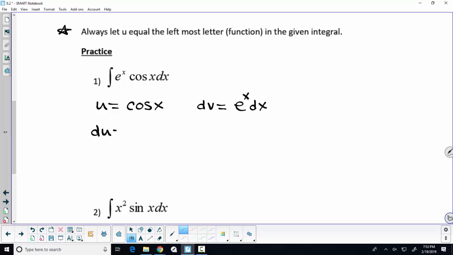So the derivative of cosine is minus sine x dx. And the antiderivative of e to the x dx gives us v, and that's just e to the x. We won't worry about the plus C, no, we won't worry about the constants till we're through the process.